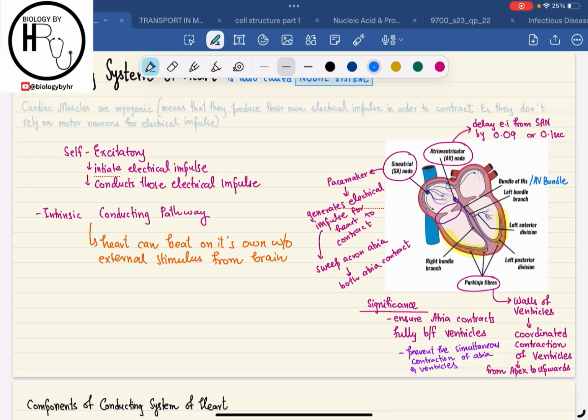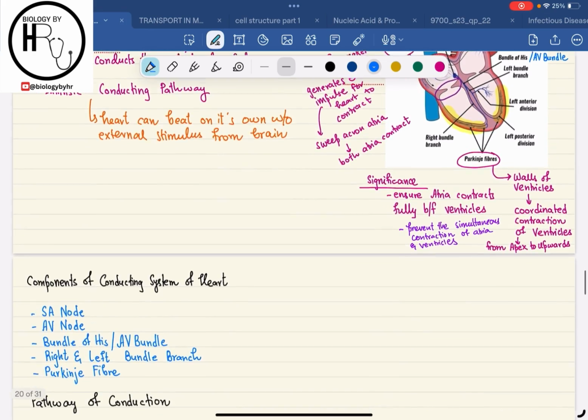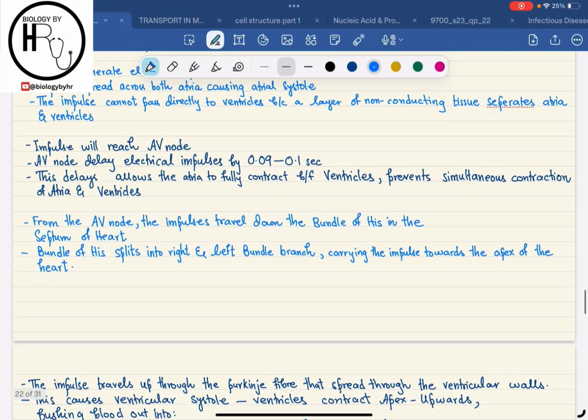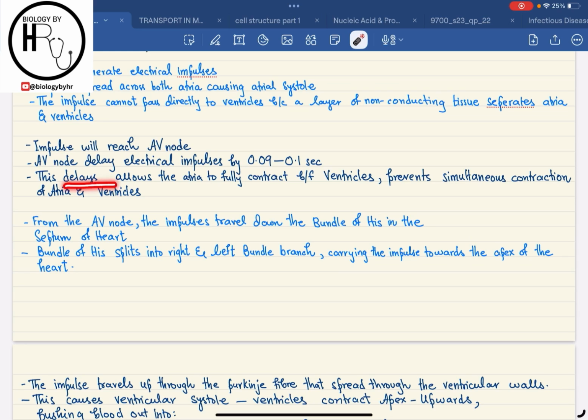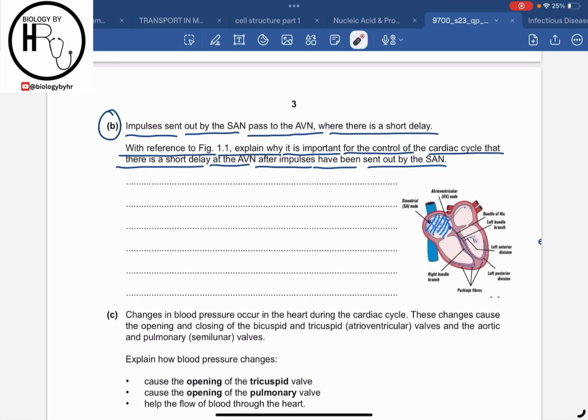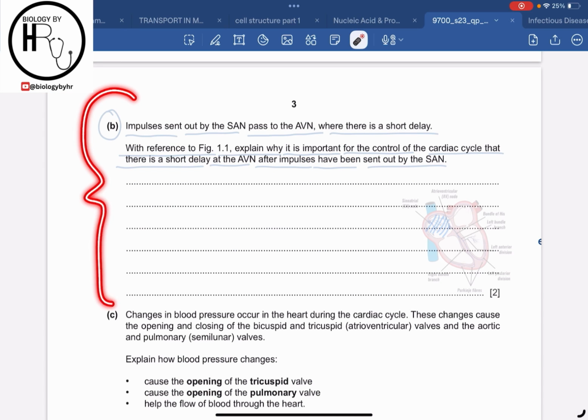I have also discussed this in my lecture notes, that this delay allows the atria to fully contract before the ventricles and hence prevents the simultaneous contraction of the atria and the ventricles. So this is basically the answer to part B. I hope that this is clear to you guys.